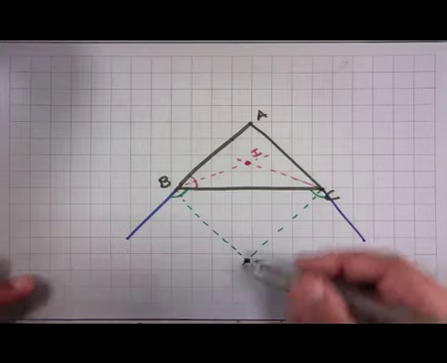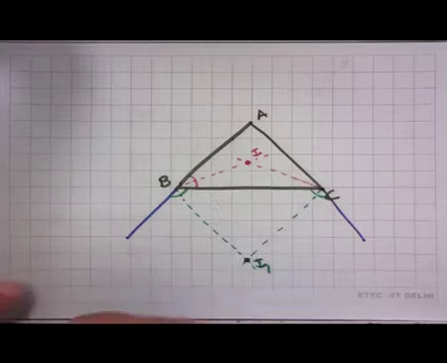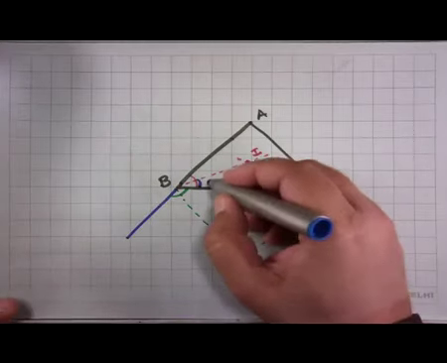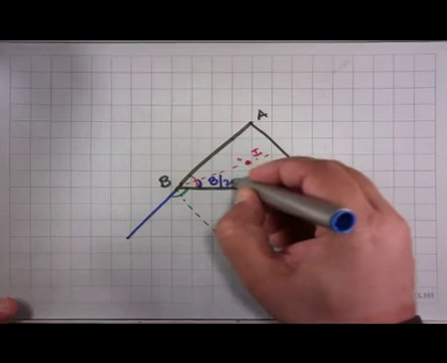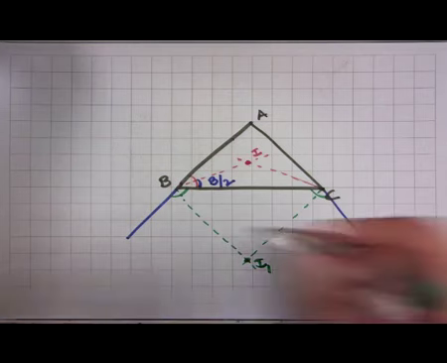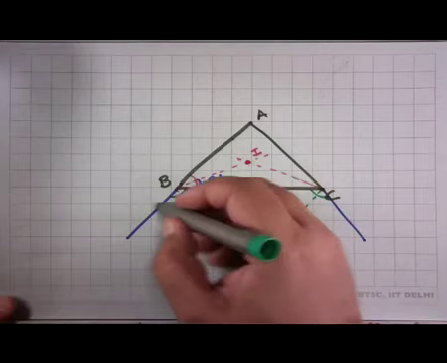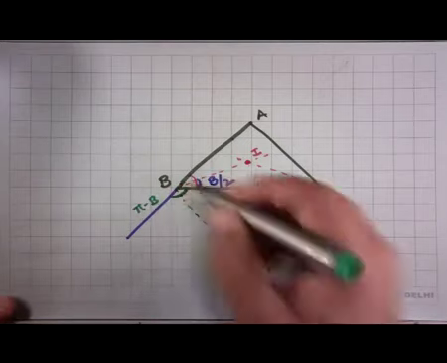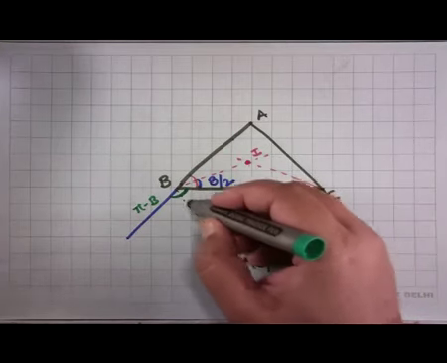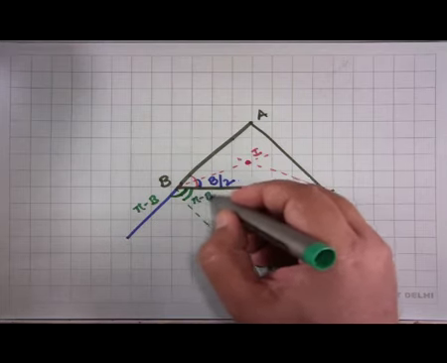So, if we look a little carefully, what we see is that this particular angle of course is B by 2, and because this angle is B, this entire angle has to be pi minus B, and because this green dotted line is an angular bisector of this external angle, this half angle here will be pi minus B over 2.